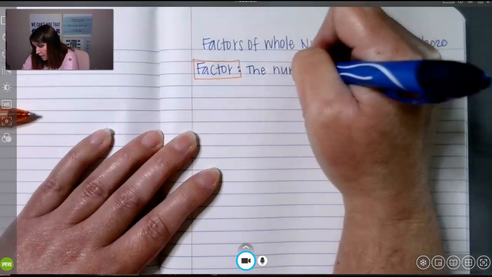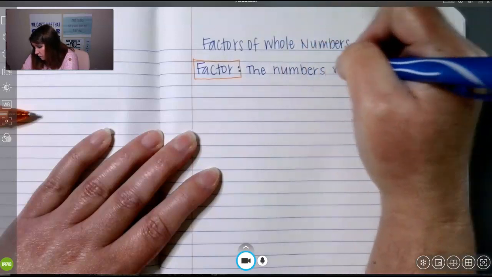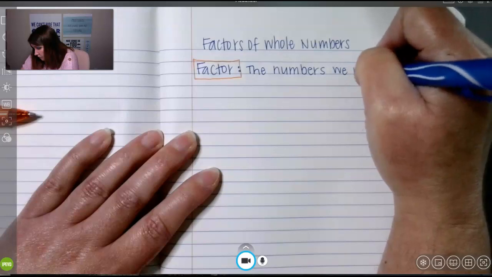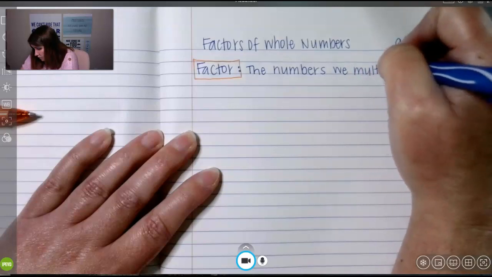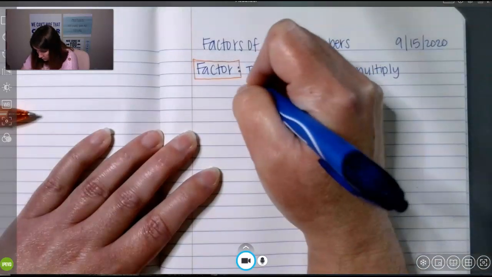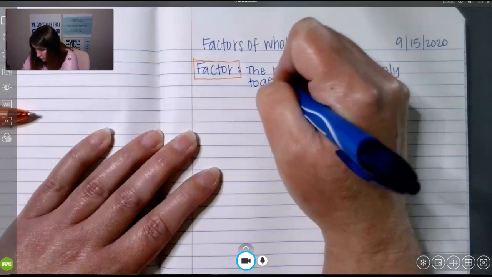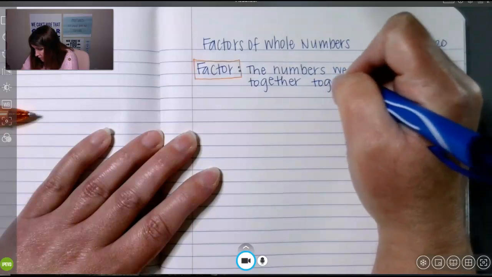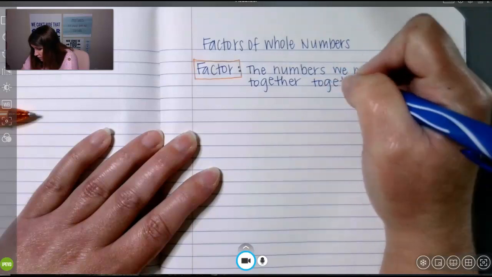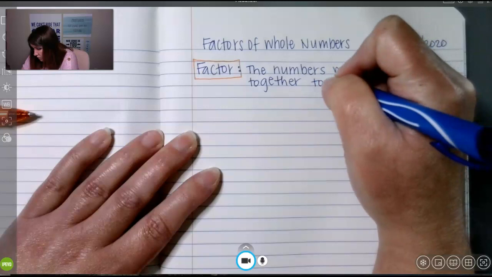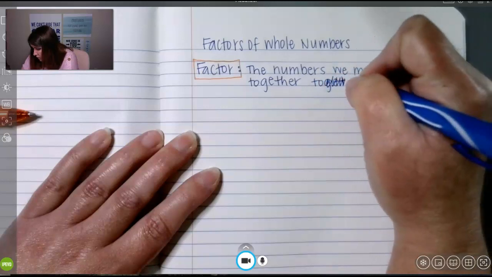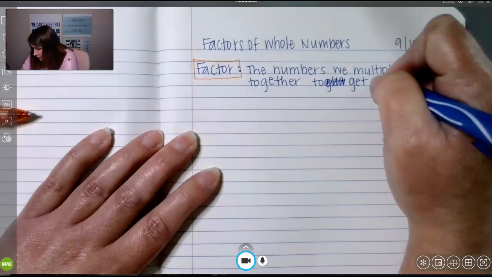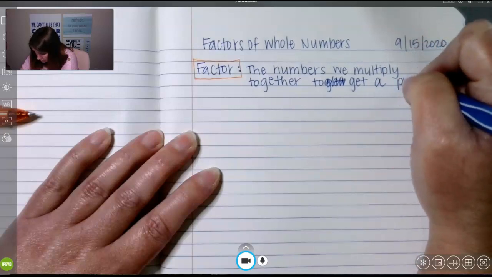I'm just going to write that down: the numbers we multiply together to get a product.